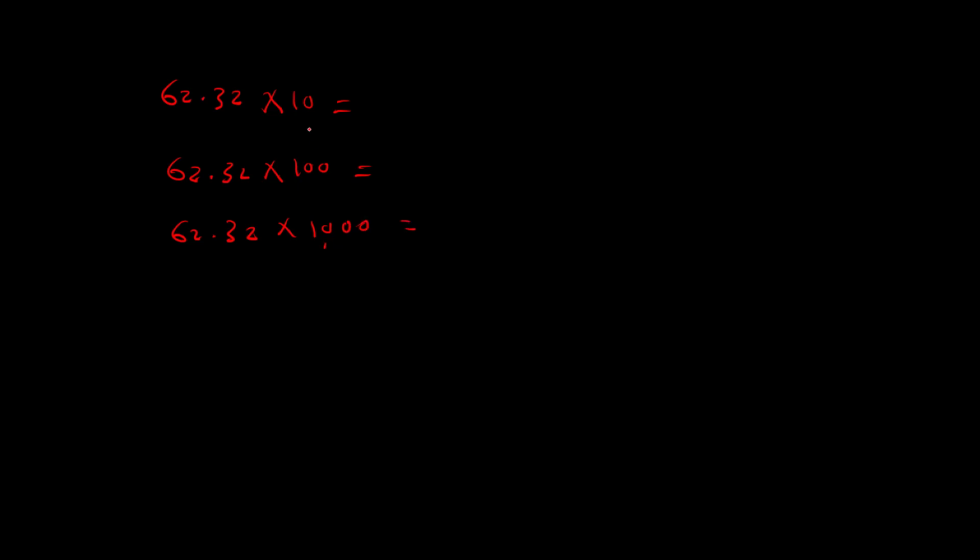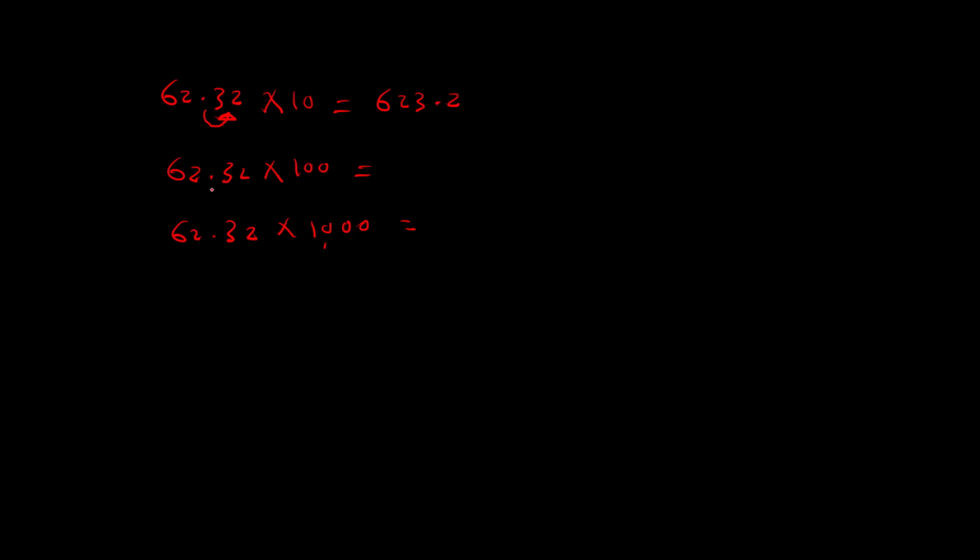We have a rule here. When we multiply a decimal by 10, just move the decimal point to the right. How many digits? Just one digit, or one decimal place. So it will be 623.2.